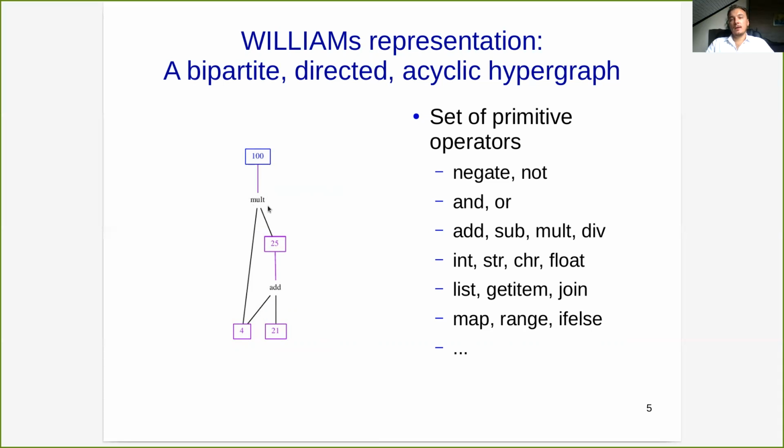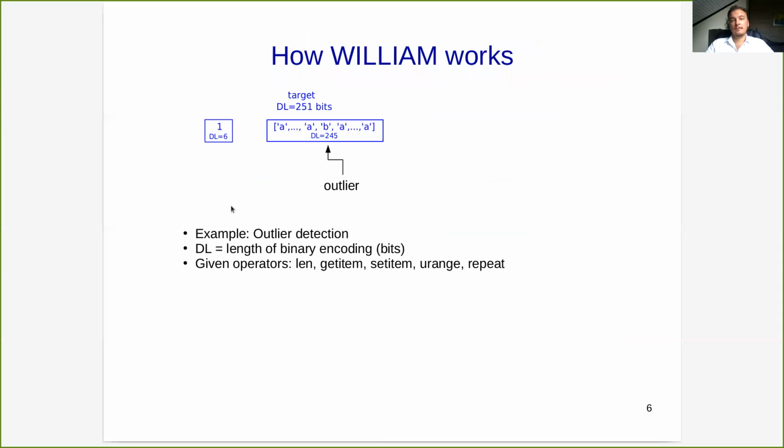So the whole representation is a bipartite directed acyclic hypergraph. Hypergraph because inside of the operator nodes there can be graphs again, but this is not important for this talk. And you have a set of primitive operators, given on the right as an example. From those, the system can construct various graphs.